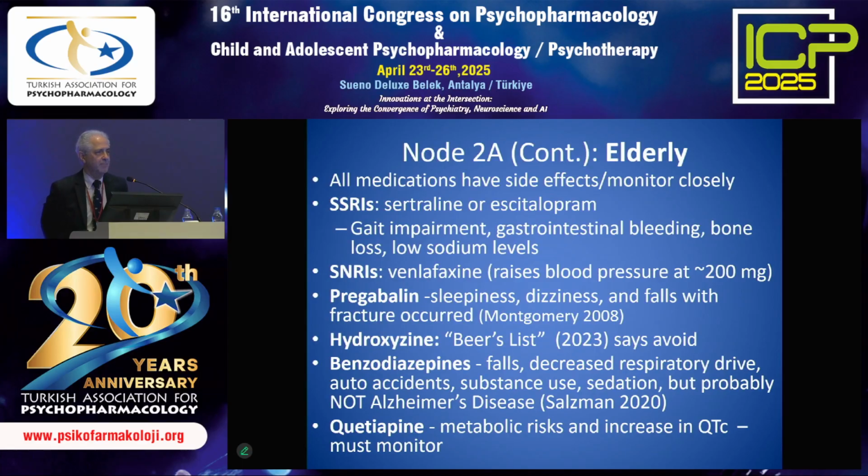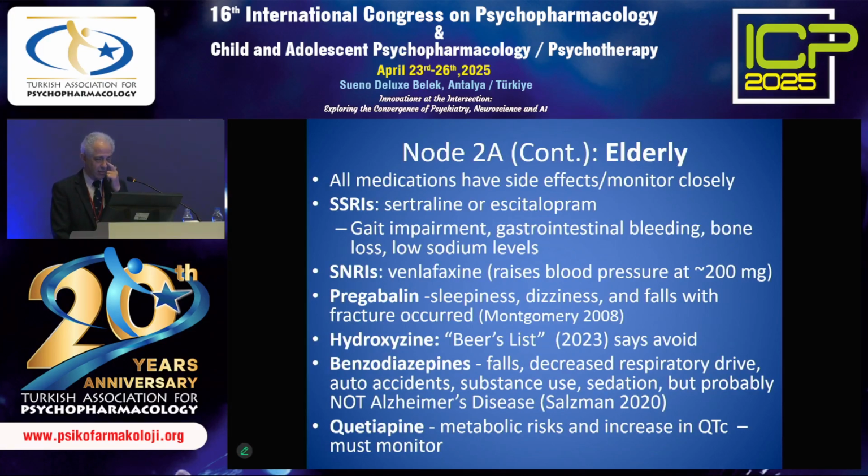Now another group of people that we're considering under the heading of comorbidity and other conditions are older adults. And as I said, we have a whole new algorithm now for them. But a few points from that algorithm are on this slide. All medications, when you're using the elderly, are going to have more side effects, so you have to monitor them more closely.